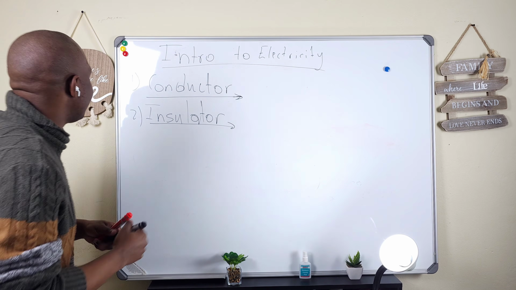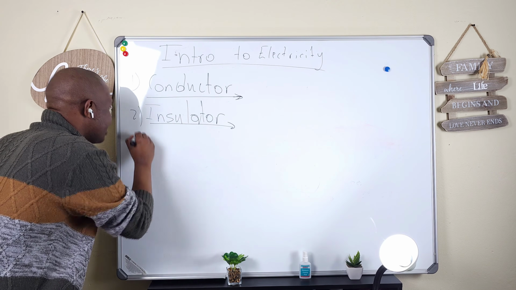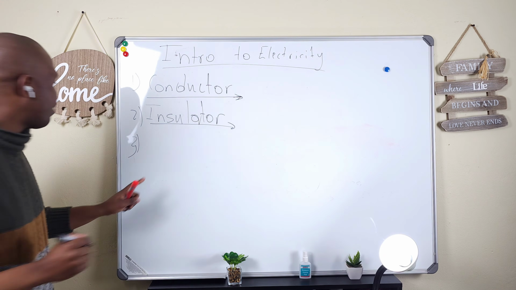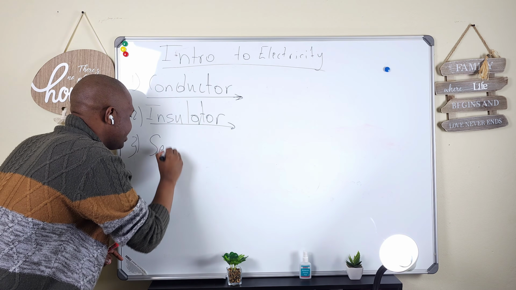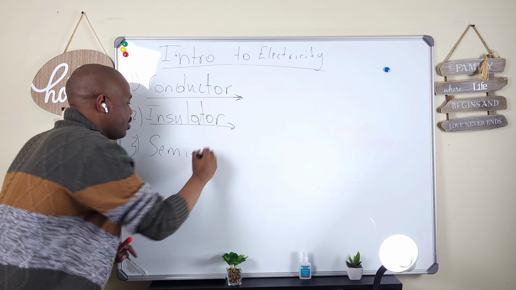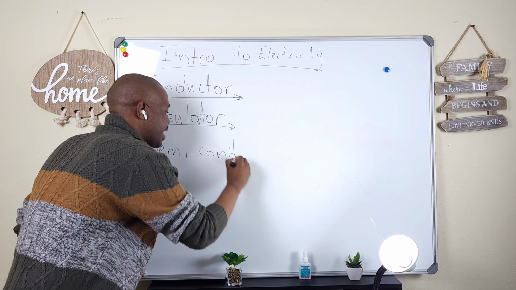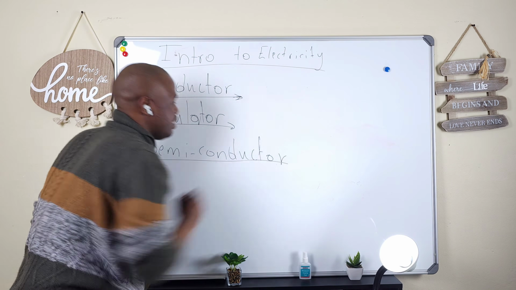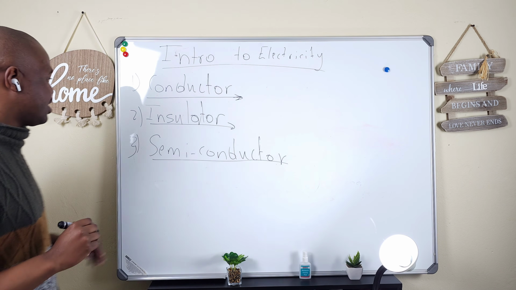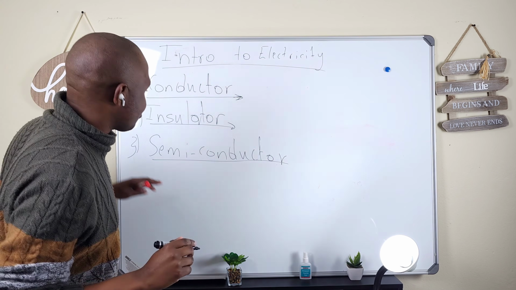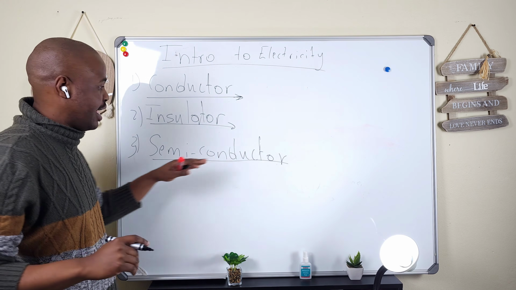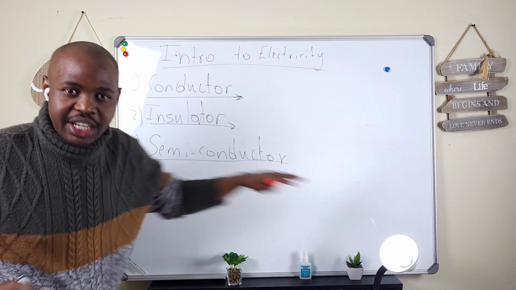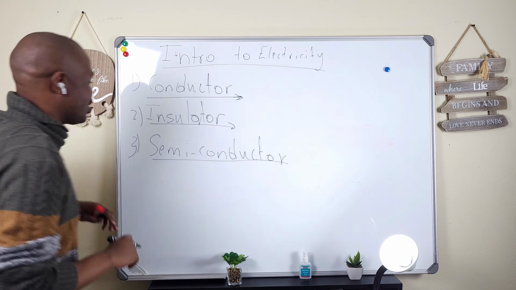Okay, then the last electrical material that we're going to talk about is the semiconductor. This one is very, very important. It's what is driving the new industrial revolution, if you will.